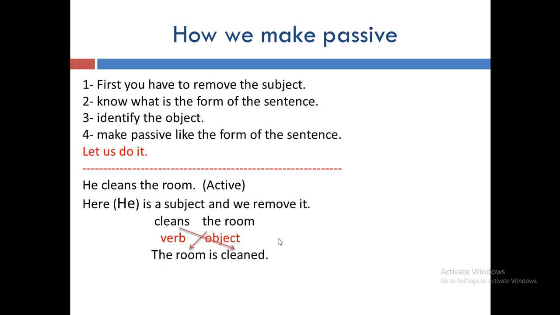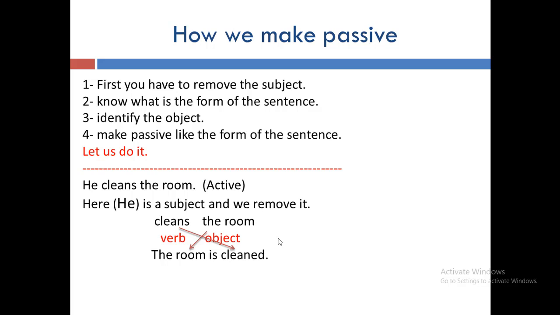Okay, so first you have to remove, not you should, you have to remove the subject. The second, know what is the form of the sentence. As I said in the previous slide, we have different forms, like the active. So to make passive you should know what form the active sentence is in.